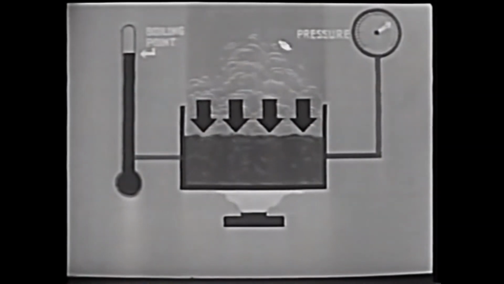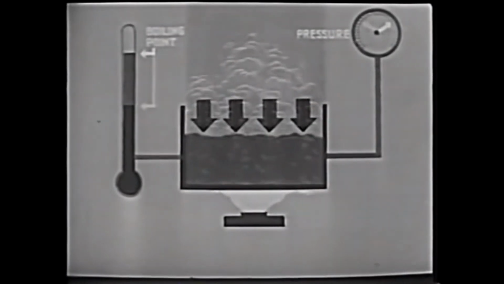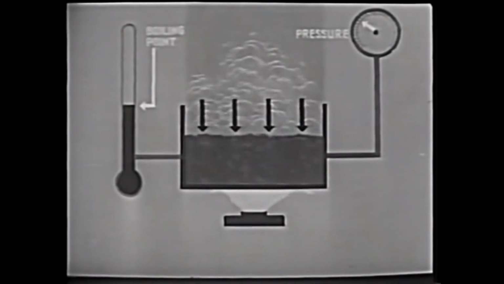Second, when the pressure on a liquid refrigerant is reduced, the liquid boils at a lower temperature. Third, the transfer of heat from food items or other warm surroundings to a liquid refrigerant involves three processes: radiation, convection, and conduction.